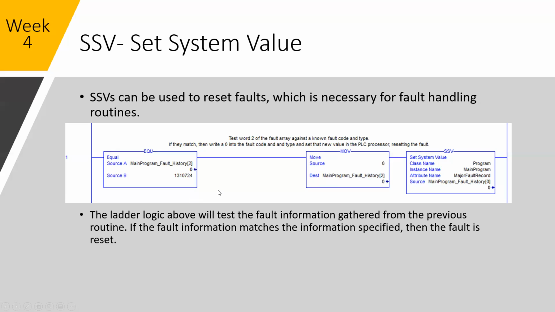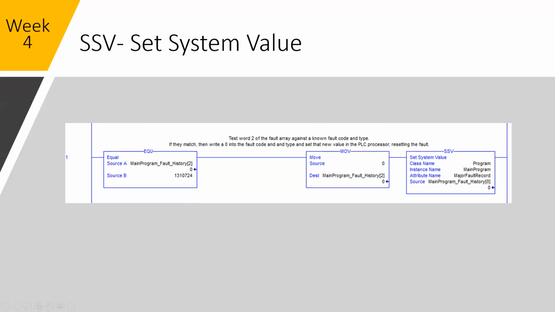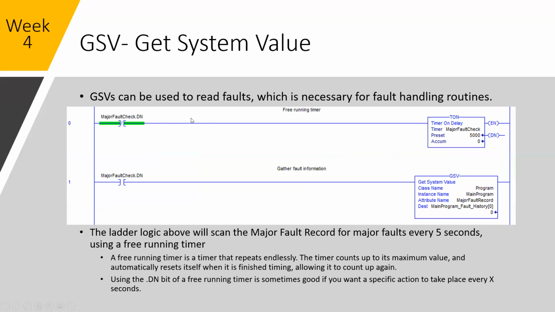So the SSV basically, it's just recording what the fault was after we have copied a value to the fault history, correct? Not quite. So here, in these rungs, every 5 seconds it will get a value from the system.